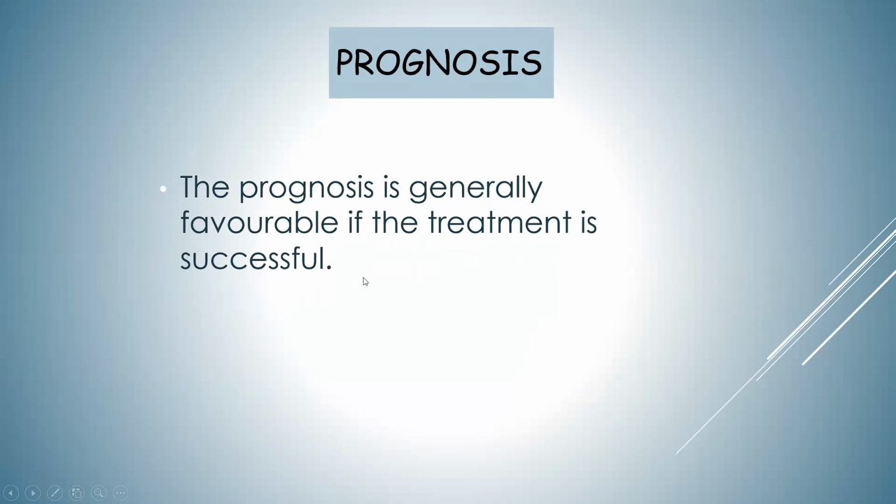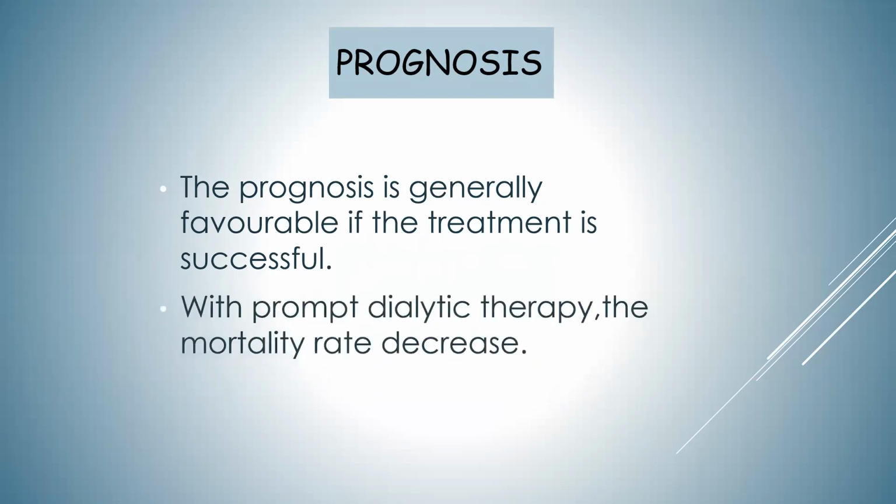So if the treatment is successful, the outcome or result of the treatment will also be positive. With prompt dialytic therapy, the mortality rate decreases. There will be a good chance of success in the treatment, and dialytic therapy means when we undergo dialysis. Mortality rate is the state of being subject to death.